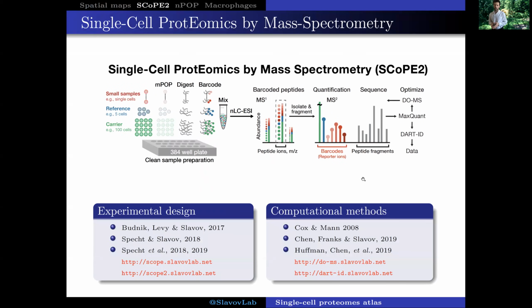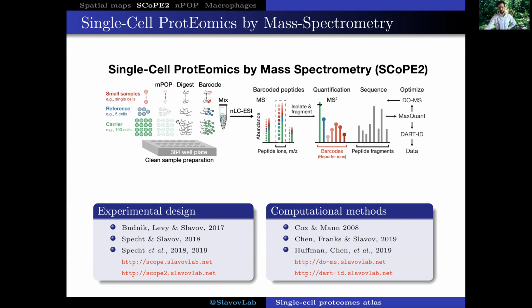Currently, one of the most widely used pipelines in my lab to do this kind of analysis, that has been increasingly adopted by others as well, is illustrated here with this diagram. We start by isolating single cells, typically by FACS sorting them into a 384 well plate. Then we lyse them by a freeze heat cycle, which is mPOP, a lysis method that we specifically optimized for this type of analysis.